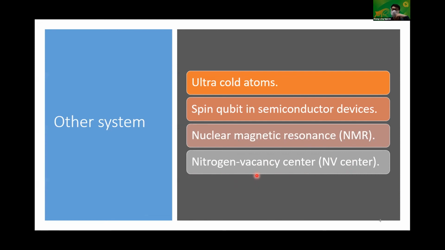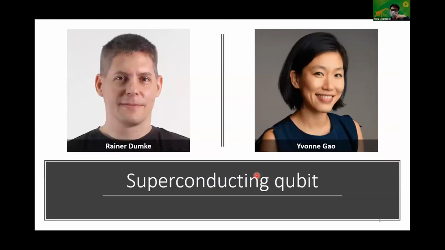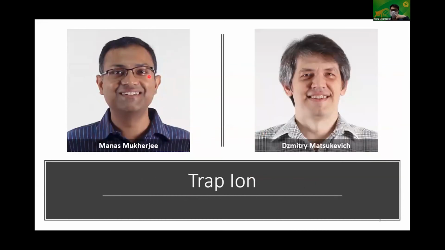So at CQT, we have a lot of teams working on various systems. We have a large theory group and a large experimental lab. We focus on superconducting qubits, which has 2 labs, by Professor Rainer and Professor Yvonne. Then we also have trapped ions, by Professor Manas and Professor Dimitri.